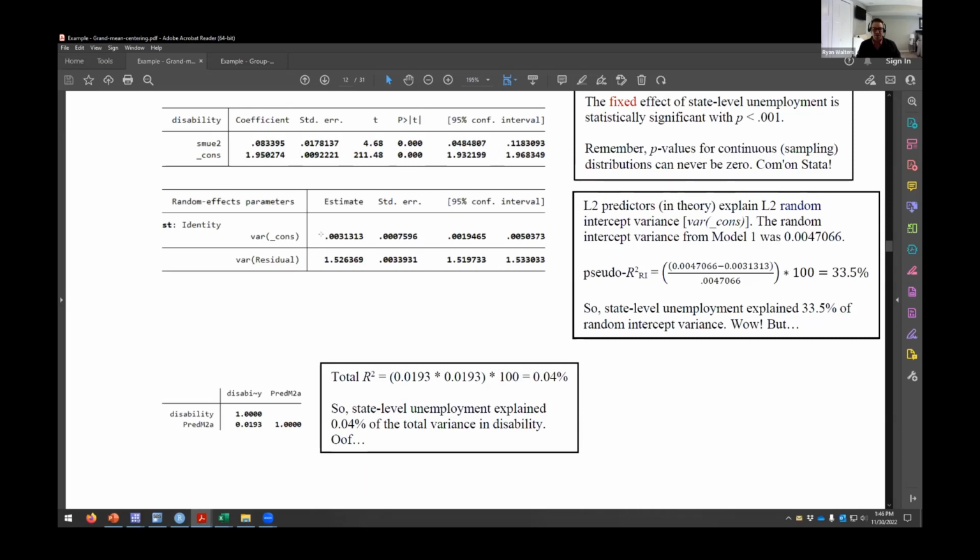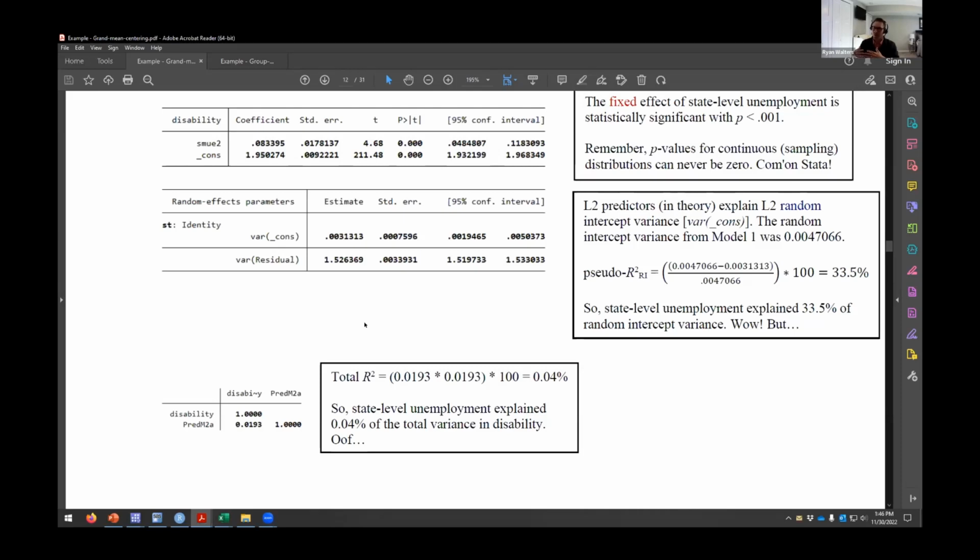The new random intercept variance is 0.0031313. That is a 33.5% reduction. Okay, so just state level unemployment explained a third of the reasons why there were between state differences in disability scores. It sounds like a lot, right?